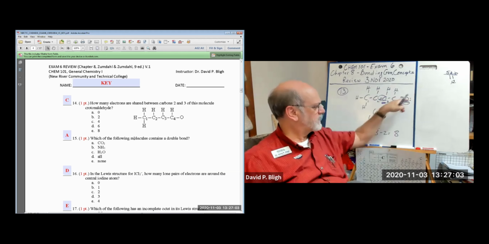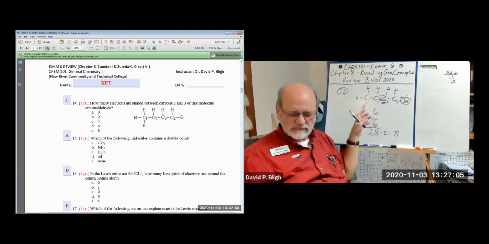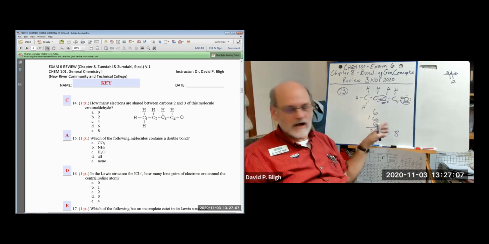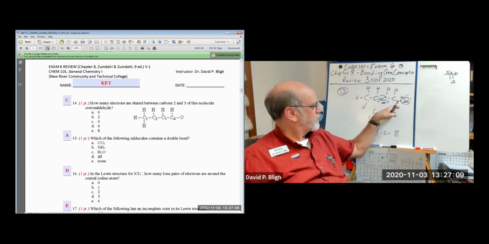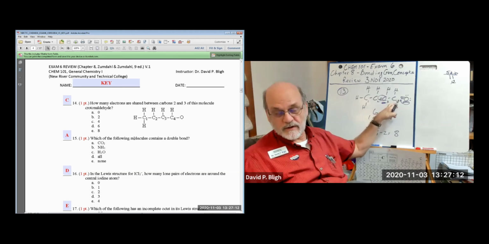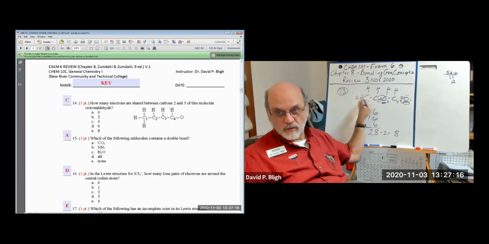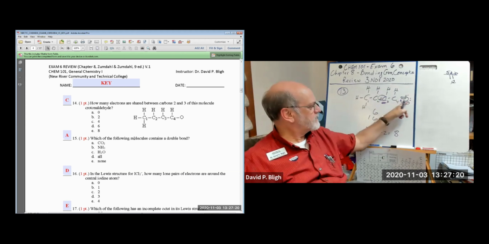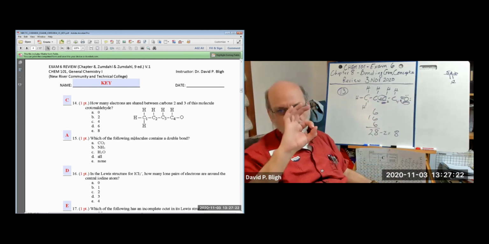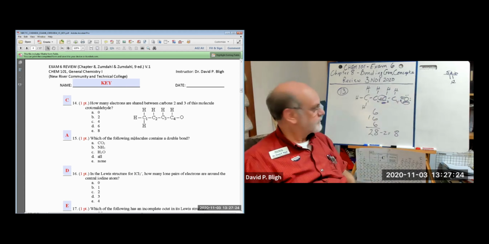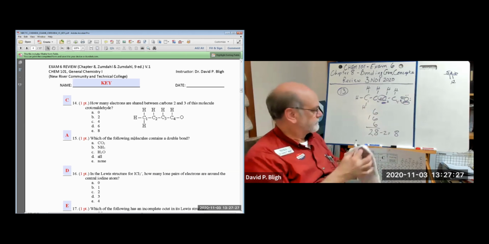Well, for most of them, at least those over here. Oxygen would be way off. No, this carbon would be way off, and these carbons would be way off. But with this, in fact, I think I'm correct in saying that all of these have a formal charge of 0. So that would give you the best structure.